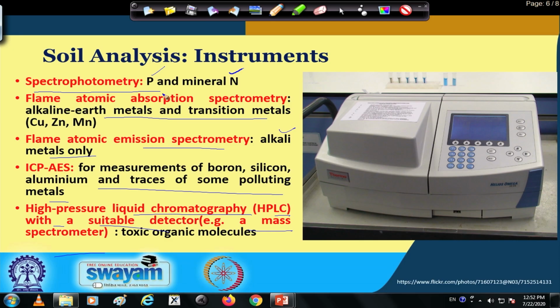So, these are some of the general instruments which you can see in most soil characterizing laboratories. Their specific purposes are also given. However, there are also certain instruments which we are going to cover in this module, which will show their usefulness for measurement of these different parameters.